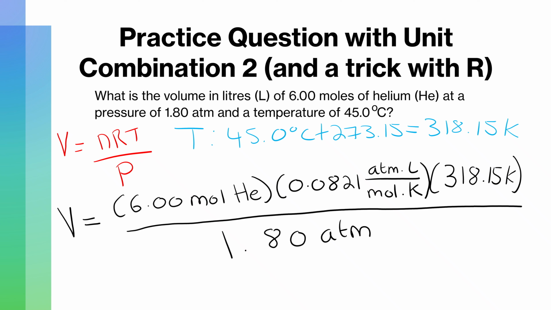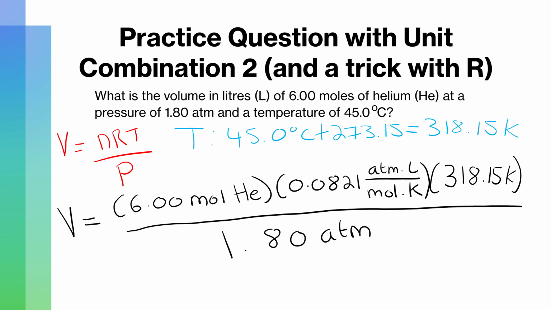We only have to convert one unit for this question, and that's the unit for temperature. So we're going from degrees Celsius to Kelvin. 45.0 degrees Celsius plus 273.15 gives an equivalent value of 318.15 Kelvin. Okay, so then let's put our values into our rearranged equation.